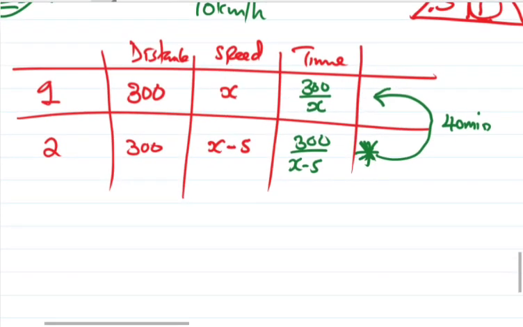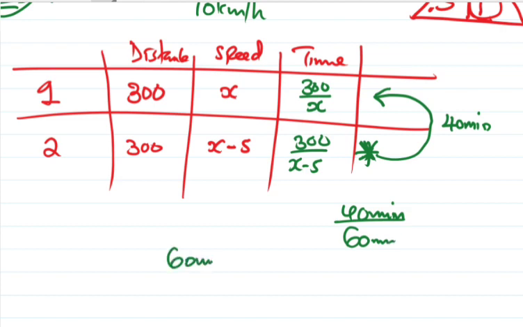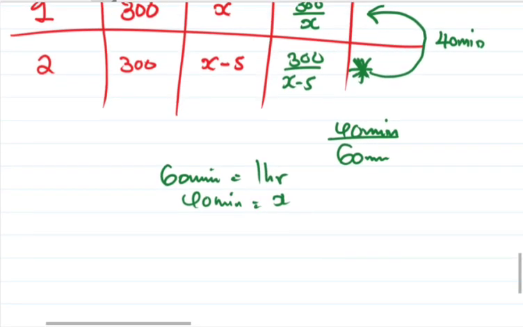Then 40 minutes is supposed to be changed to hours. You learned in Form 1 how to convert time from minutes to hours. It's just simple. We take the 40 minutes divided by 60 minutes, because 60 minutes is equal to 1 hour. What about 40 minutes? It's just a matter of cross multiplication.